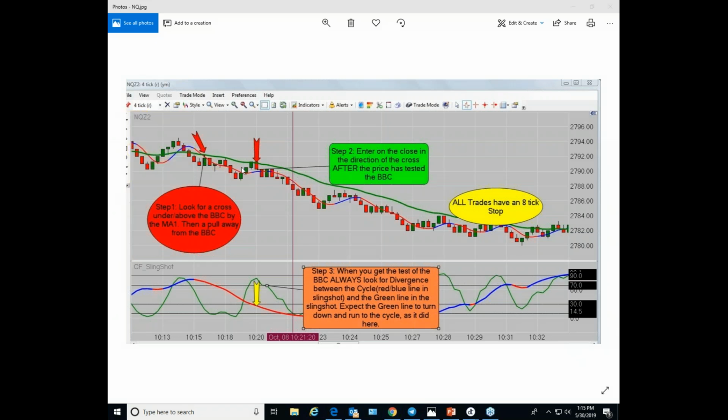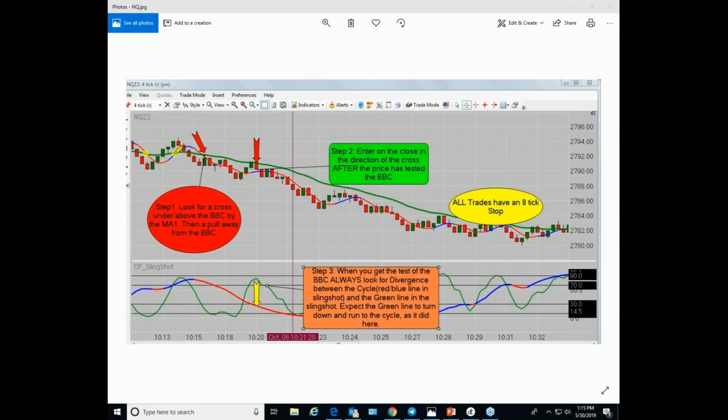The green line is referred to as the BBC, short for bullish and bearish cross, because together that makes up step number one, which is this. If the MA1 is red and crosses the BBC, that's a bearish cross.